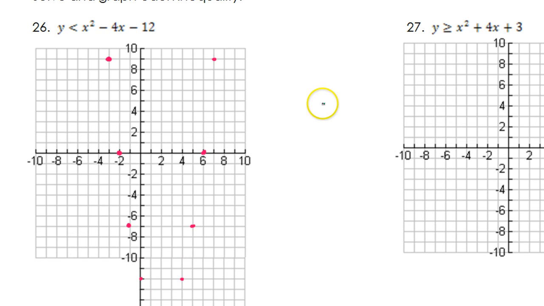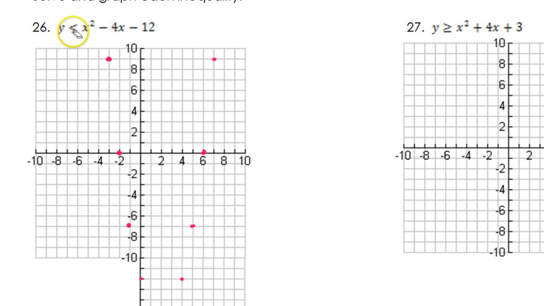Be careful about one thing though. For this type of problem, sometimes it will be a solid curve and sometimes it will be dotted. Do you know which it will be in this case based on this symbol? It's going to be a dotted line.